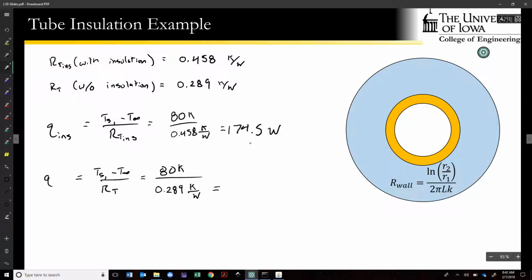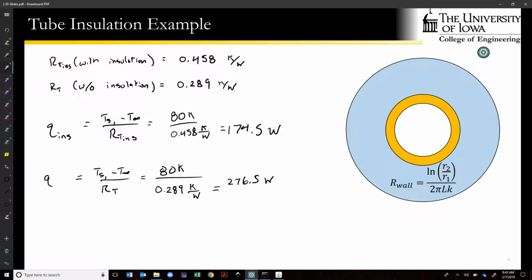This would give us 276.5 watts. So in this case, just by wrapping right at 3 centimeter, about a 1 inch thick insulation wrap around the pipe, you're cutting down the shed heat by about 40% or so.